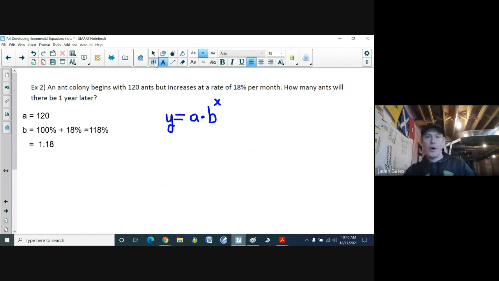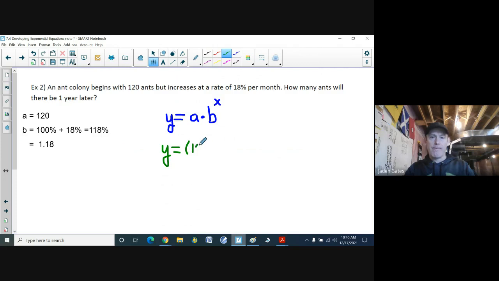So my equation now is y equals my a, 120, times b, which is my 1.18, to the power of x.